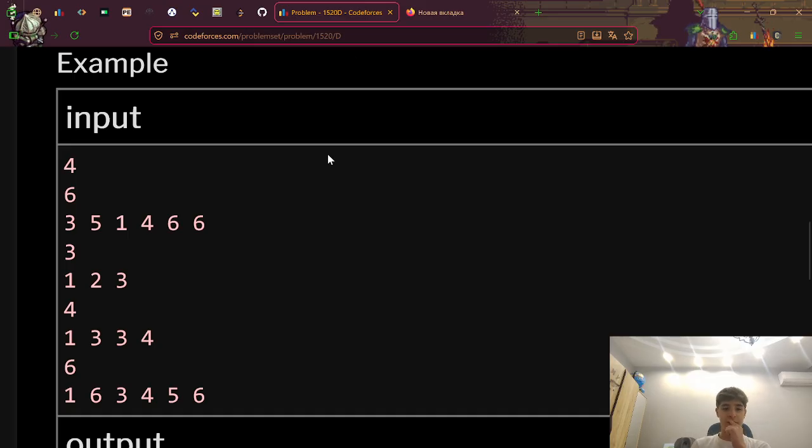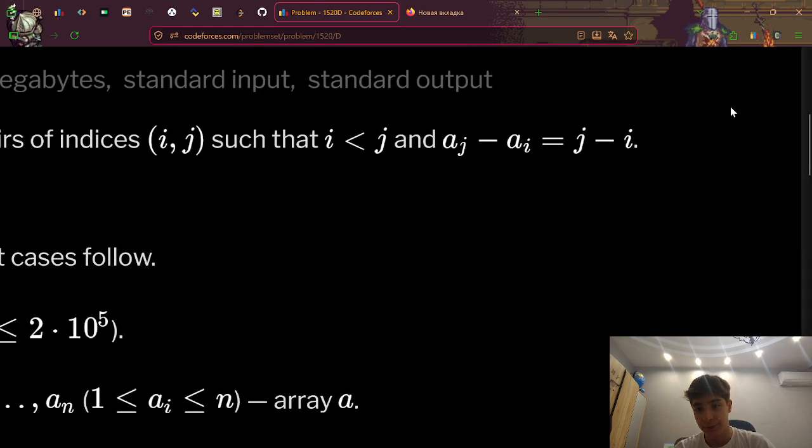We could do linear search, by the way, because with linear search we could pass. For example, if I try it like this, but maybe I should change this a little bit: the old j's are going to be there and the old i's are going to be there. I mean, a_j minus j equals a_i minus i.